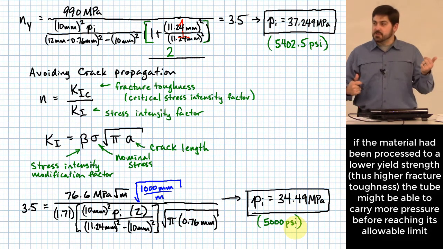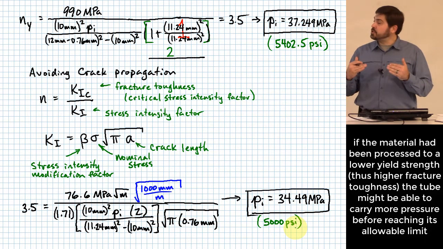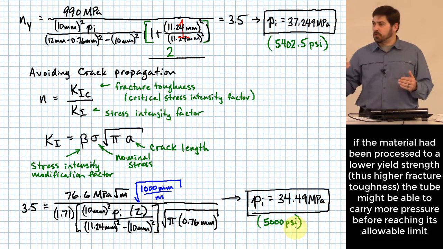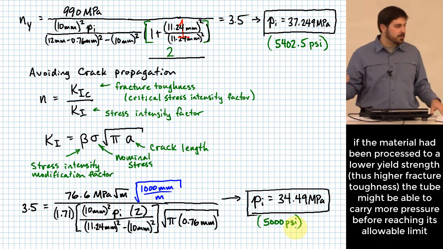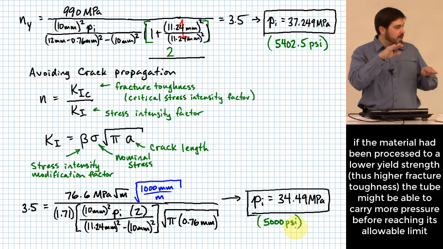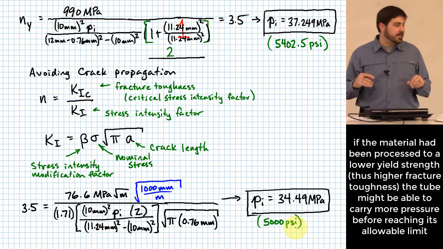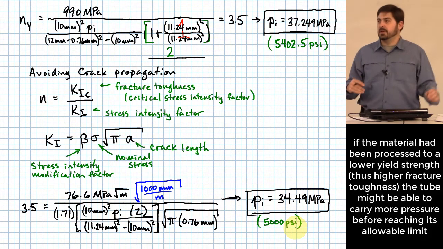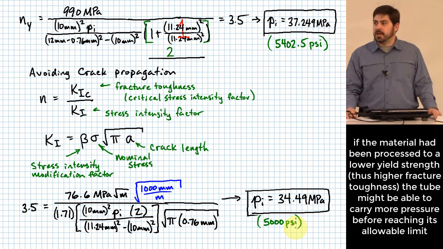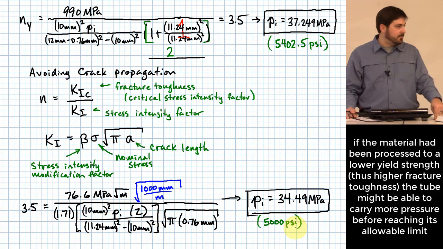So shall we figure out how much we could maybe have cold worked it, or if it had been cold worked to a different level of strength, where that break-even point would have been? Where it's just as equally likely to yield as it is to fail due to the crack propagation. How do you think you might go about looking at that?